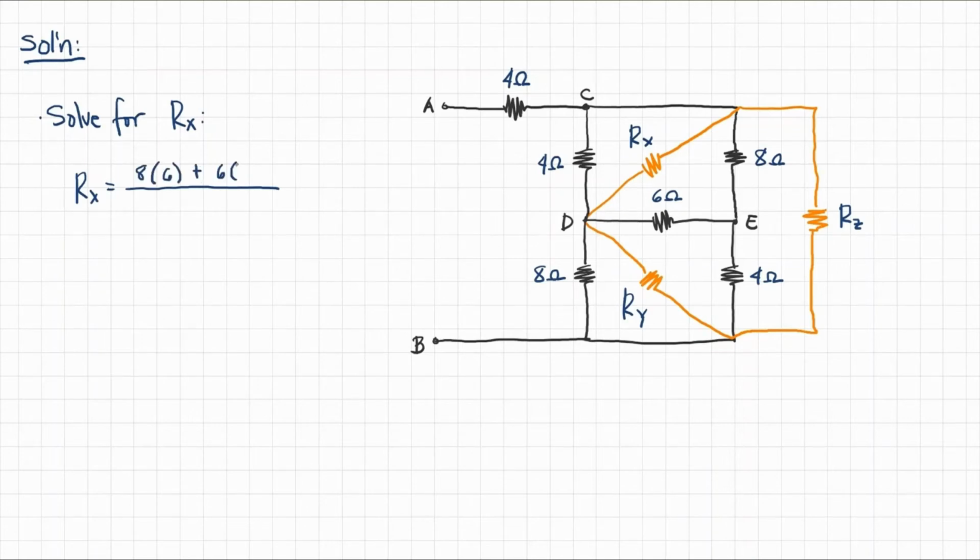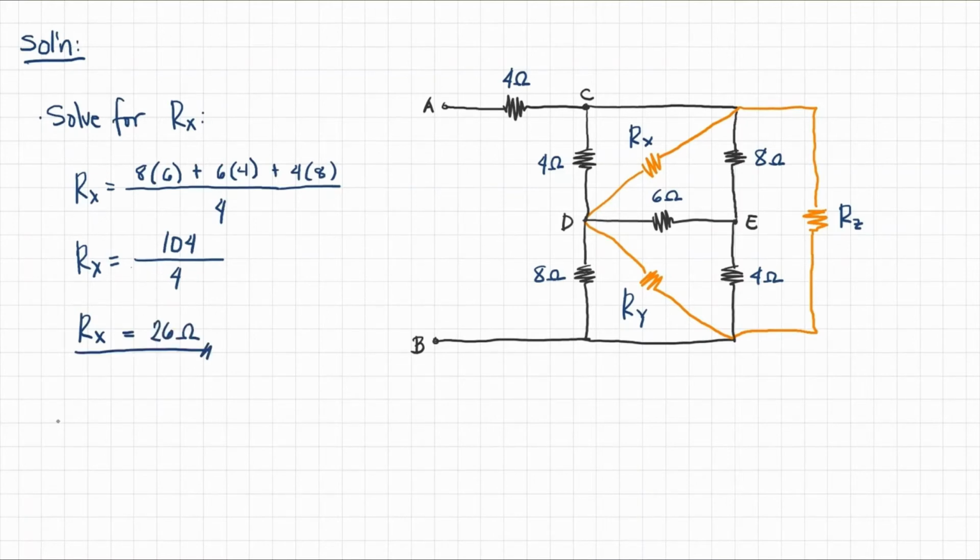So that is 8 times 6 plus 6 times 4 plus 4 times 8, and divide it by the resistor opposite to the Rx, which in this case is 4 ohms. Then we calculate the value of that, and we get 104 all over 4. So the numerator is 104. Simplifying that, we have a value of 26 ohms.